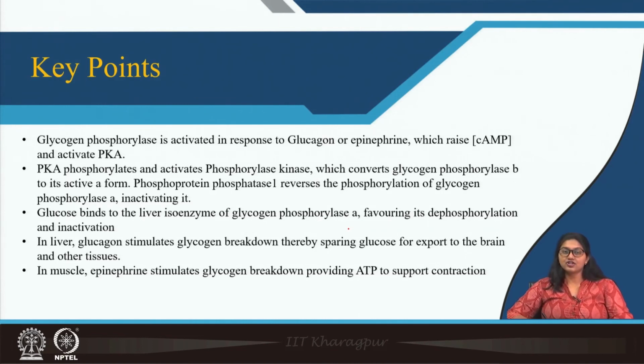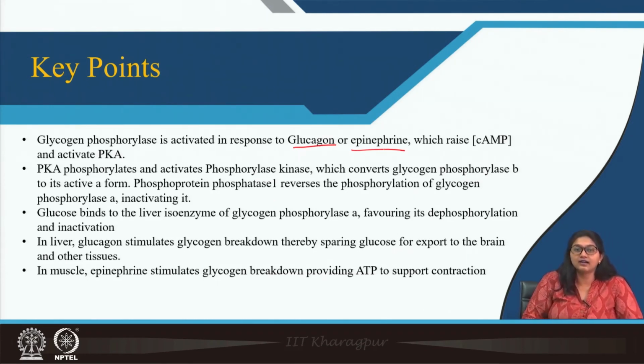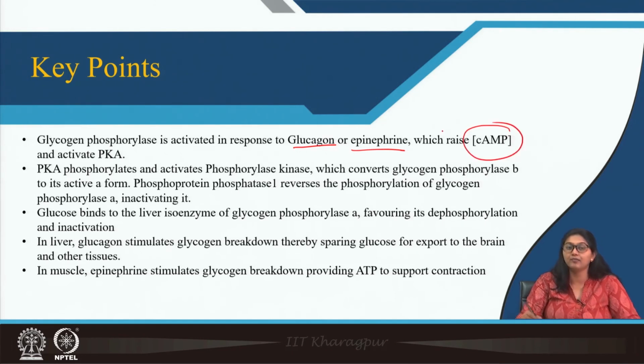So, in this session we have discussed the regulation of glycogen breakdown, the regulation of glycogen phosphorylase, which is activated in response to the hormones glucagon or epinephrine. Glucagon and epinephrine start a series of cascade reactions which ultimately raises the concentration of cyclic AMP.